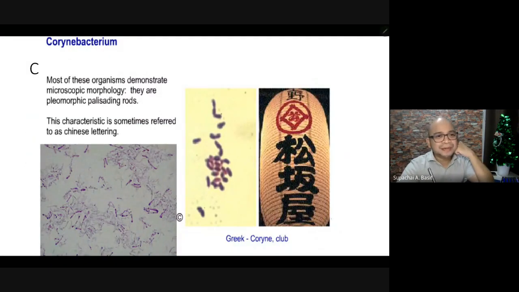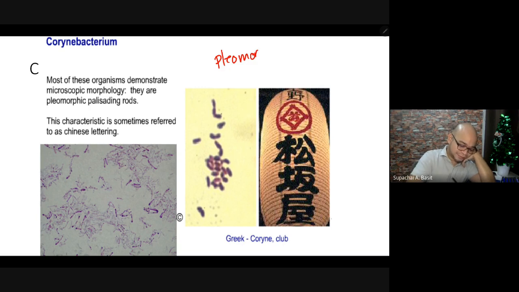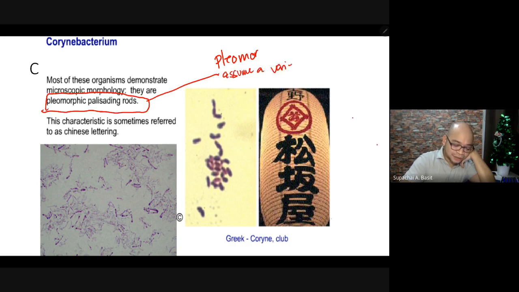Corynebacterium is actually one of the most diverse groups of bacteria, and they are highly pleomorphic. Pleomorphic means that they assume a variety of shapes, and they are palisading.